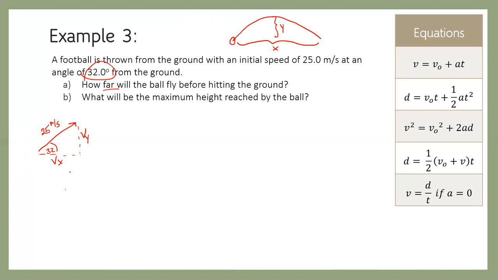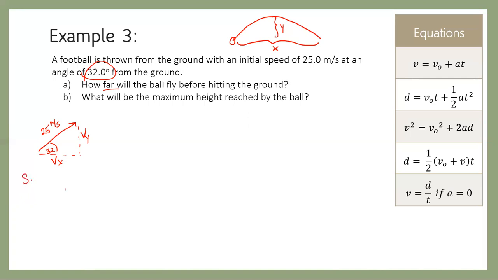This should take you back to your trig. So Vx is equal to, do you remember back in your trig? I'm going to write it out the long way just for a refresher. So back when you were trying to figure out one of the missing sides, x is adjacent to 32 degrees and 25 is our hypotenuse.